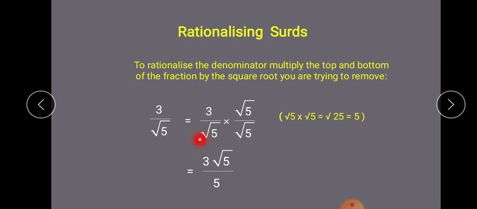So the denominator is root 5 into root 5, that is 5, and the numerator is 3 root 5. So now this answer is a rational number. We can see how we have converted an irrational number to a rational number.